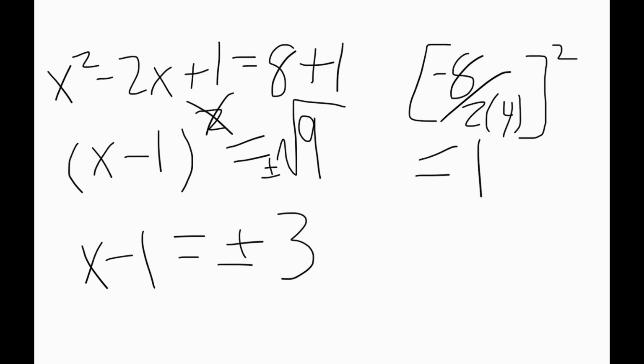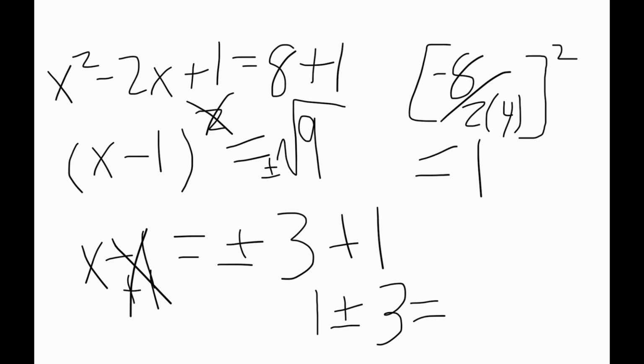And now to isolate the x, we add 1 to both sides. And 1 plus or minus 3 is equal to 4 and negative 2. So that means that x is equal to 4 and negative 2.